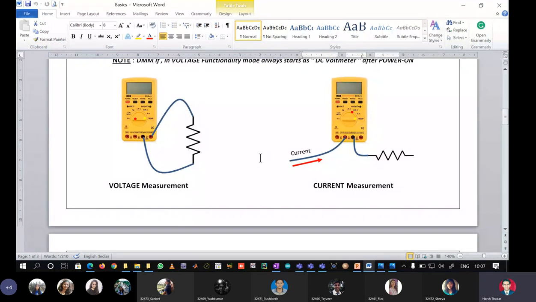A DMM when configured as an ammeter should never be connected in parallel with the component.